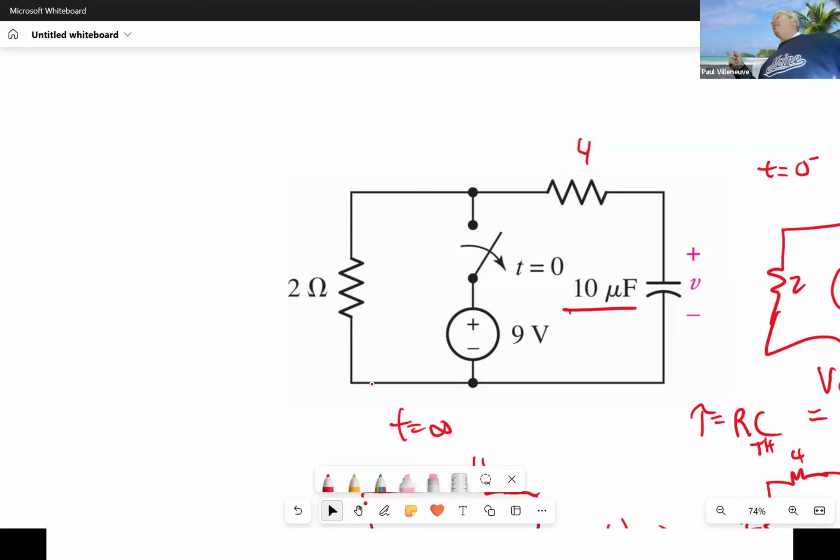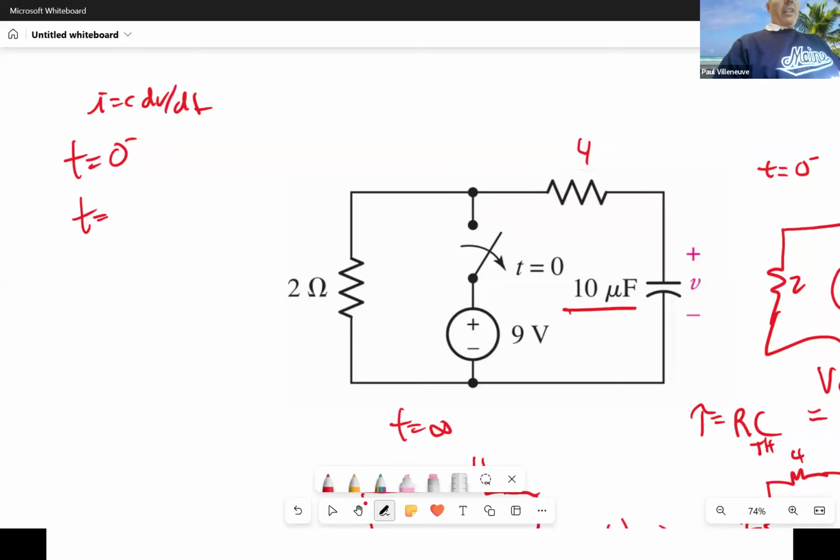So what I need to do is figure out what the circuit looks like at 0 minus, what it needs to look like at 0 plus, and what it needs to look like at infinity.